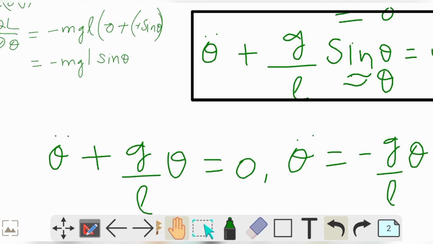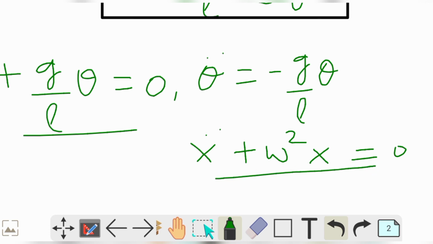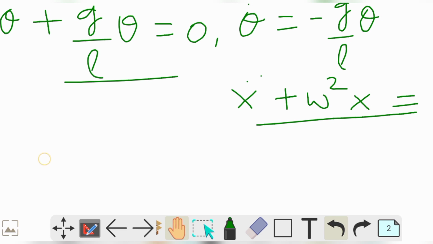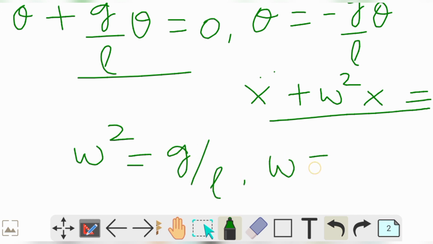As we know, the simple harmonic motion equation is x double dot plus omega square x is equal to 0. By comparing these two equations, we get omega square equal to G by L, and omega is equal to square root of G by L.